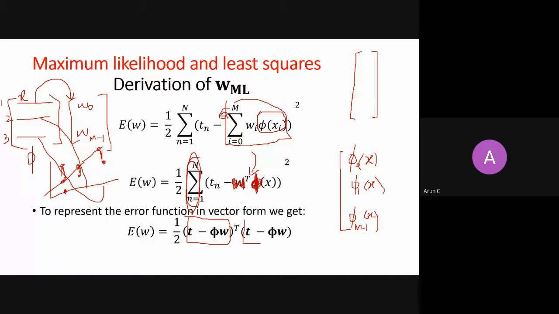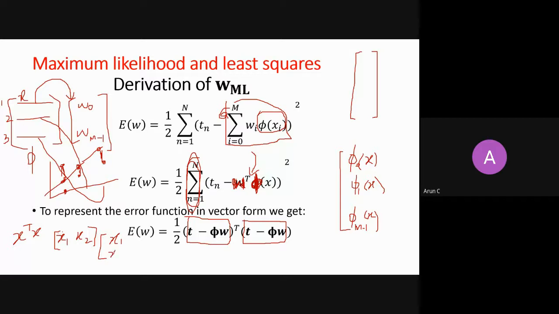This is also the same error, right? But we have taken a dot product with itself. So if you take a dot product x transpose x, what will it give you? x is nothing but x1, x2, let's say there are two elements. So x transpose is a row x1, x2, and x is a column vector here, x1, x2.